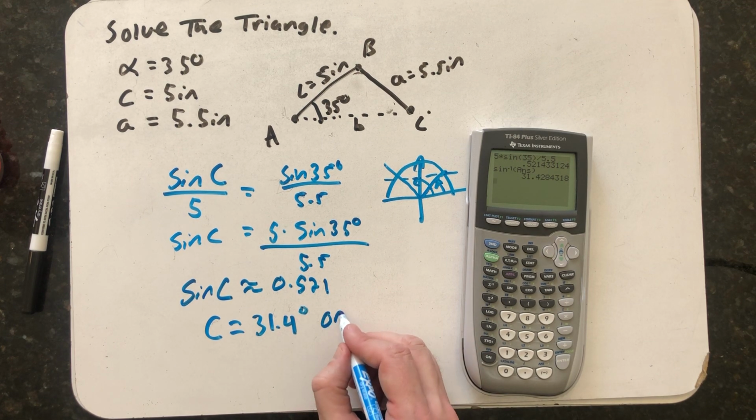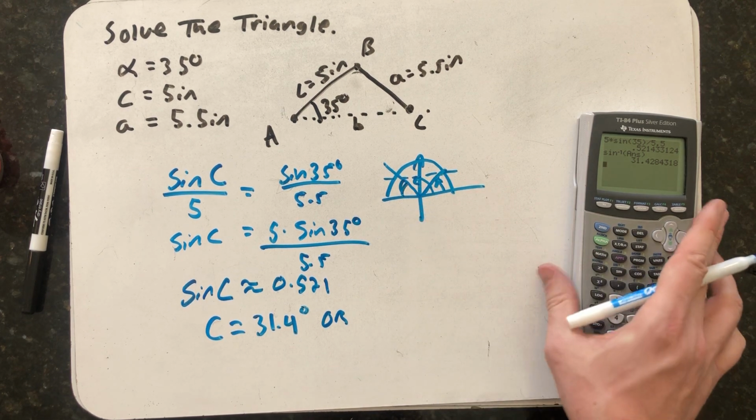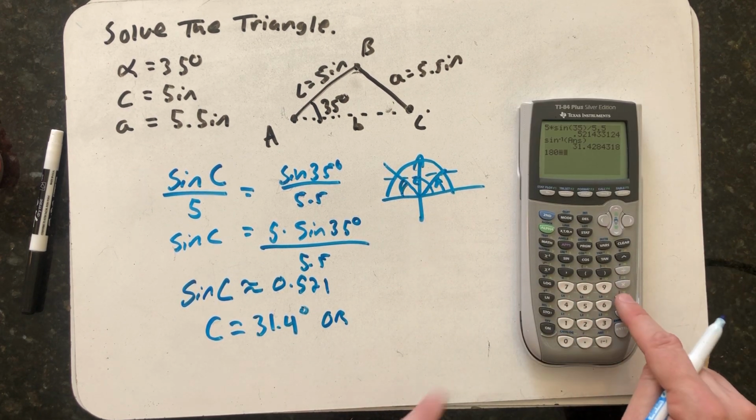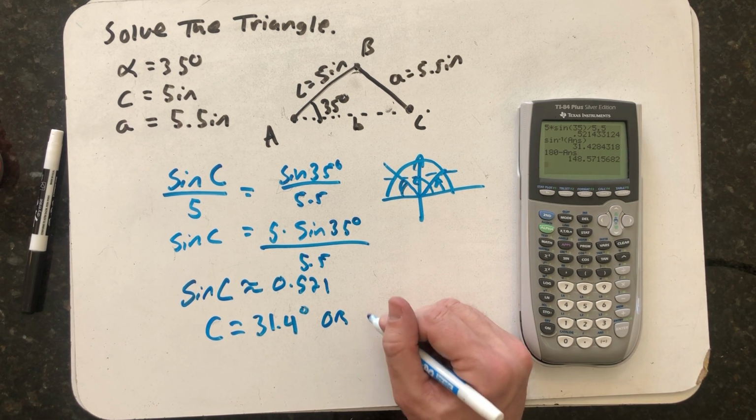Or, I think about this other angle over here. Well, my 31.4 is a reference angle, and that's going to be 180 minus that 31.4. And I get 148.6.